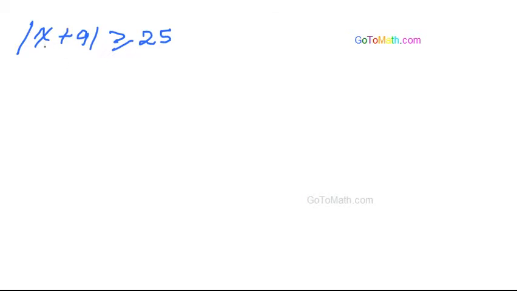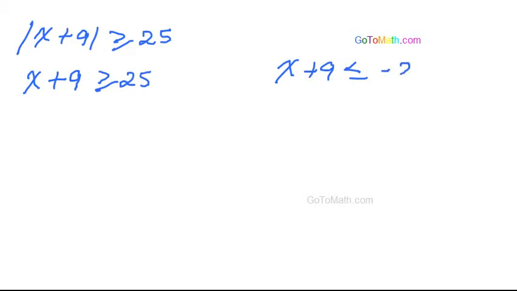Okay, so once again we drop the absolute value bars. And then we do it again, except remember this time now we flip the inequality and make that negative. Okay, so let's go ahead and work on this one.